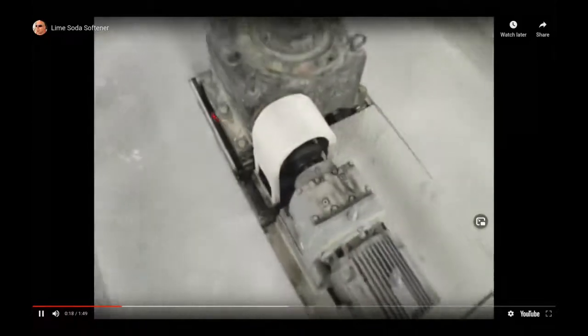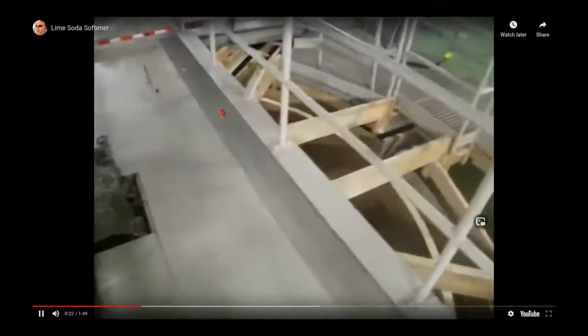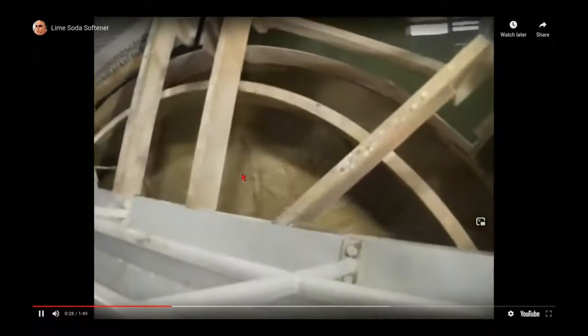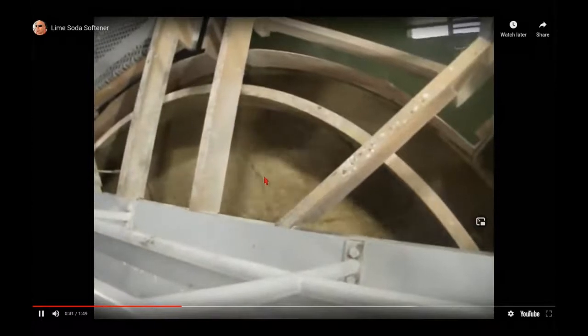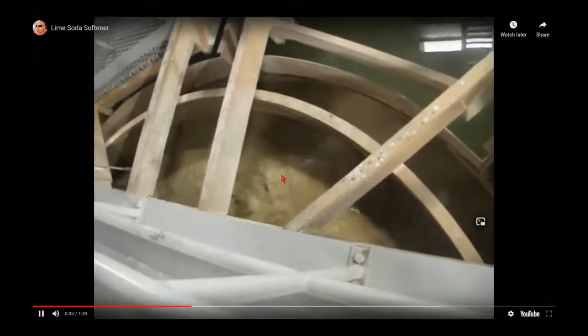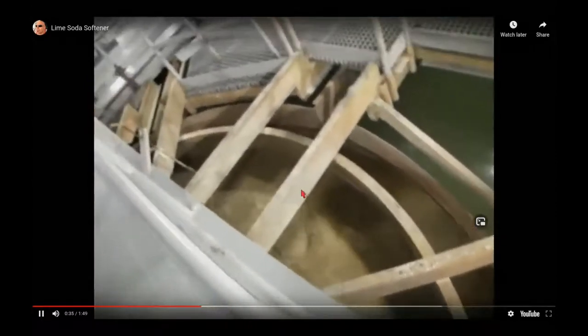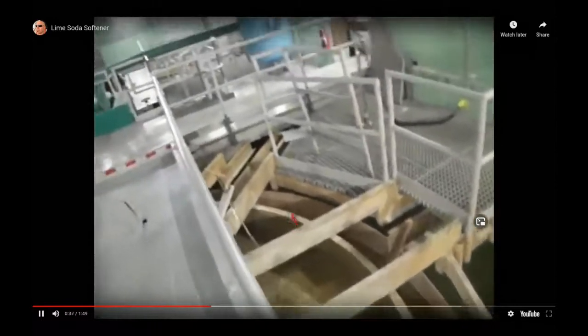Okay, so there's a scraper on the bottom, and then there's numerous paddles that mix the chemicals with the water. Now, this is the mixing zone that you're looking at, and it looks very, very milky due to the existence of lime, and there's a lot of precipitation going on there.